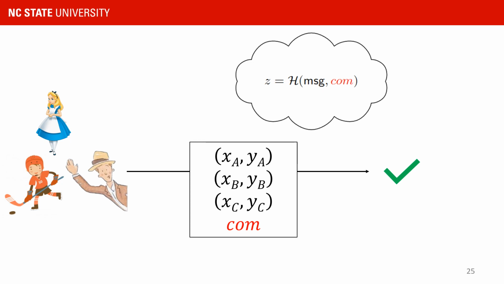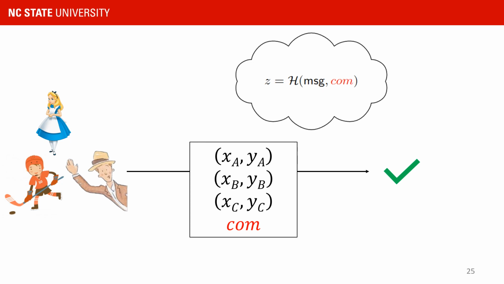Now, a verifier can access the random oracle and recalculate the point z, and then they'll check the point 0z, and then the points associated with Alice, Bob, and Charlie. Do all of these points lie on the same line? Because they do, if the signers did everything properly, they will be convinced that at least 2 points were made after learning 0z.